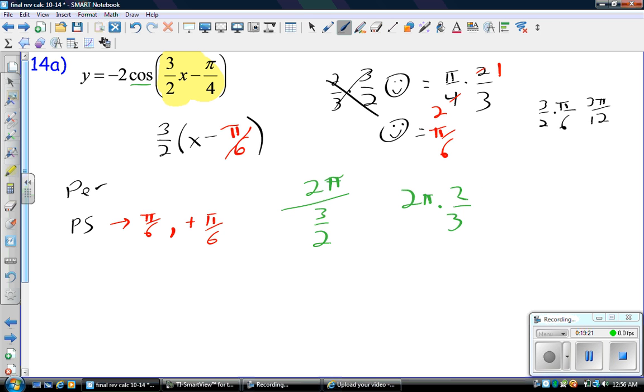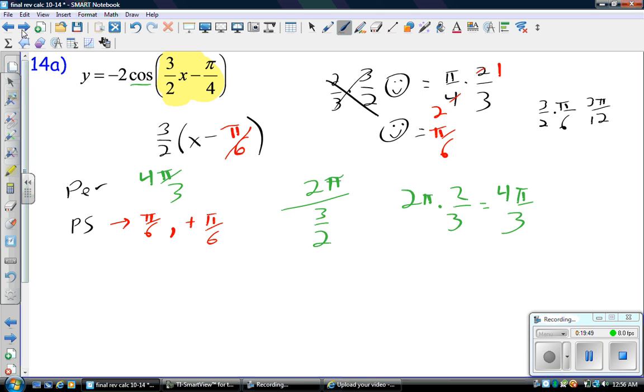Oh darn, nothing cancels really. Let's try that again. 4 pi over 3. There we go. That's my period of the function. Not a very pretty one, obviously. You think maybe you'll have one that's not so pretty on the test? Yeah, probably. So there's the period and the phase shift, 14a.